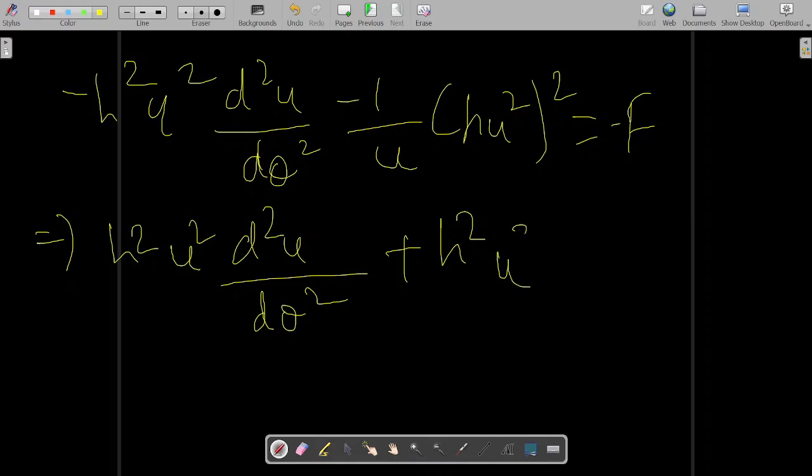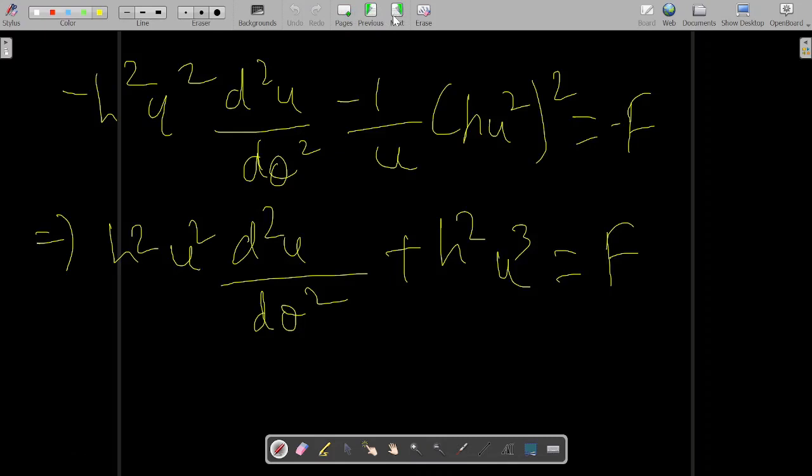Okay, because u to the power 4 will come from here and 1 u will be cancelled. And the minus sign is also gone, cancelled from both the sides.